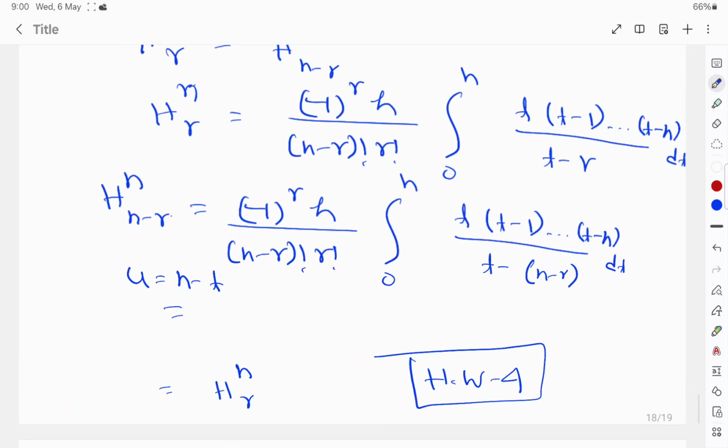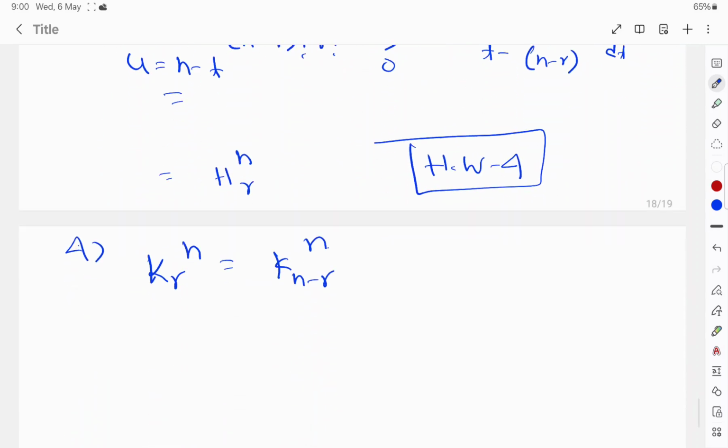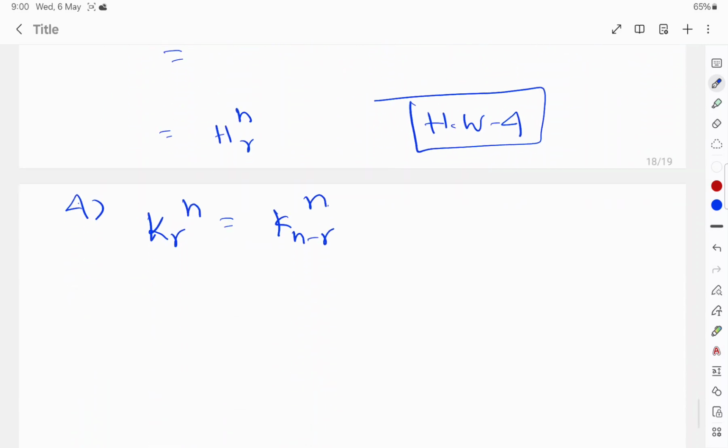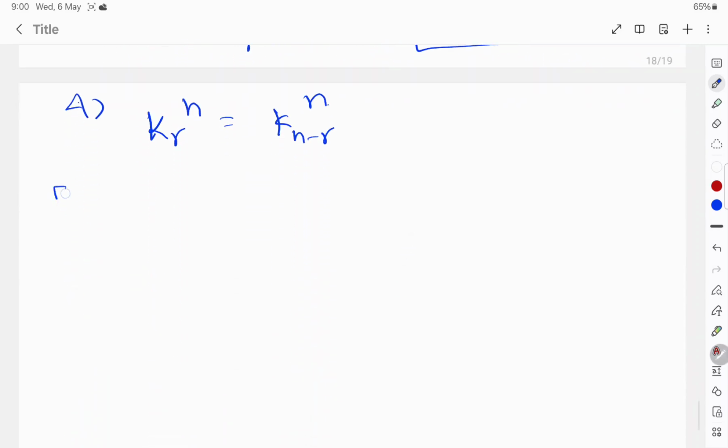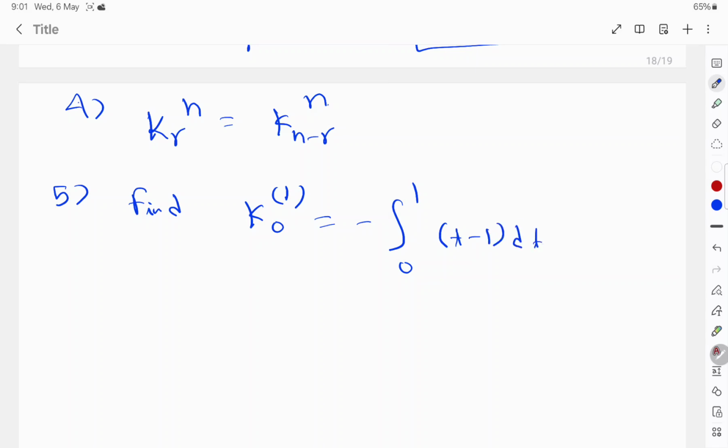Now if you use your earlier expression, suppose they ask the fifth one, find K_0^1. So use your expression, just substitute the value n equal to 1 and r value is 0. So from there you will get minus integral from 0 to 1 of t minus 1 dt, right?